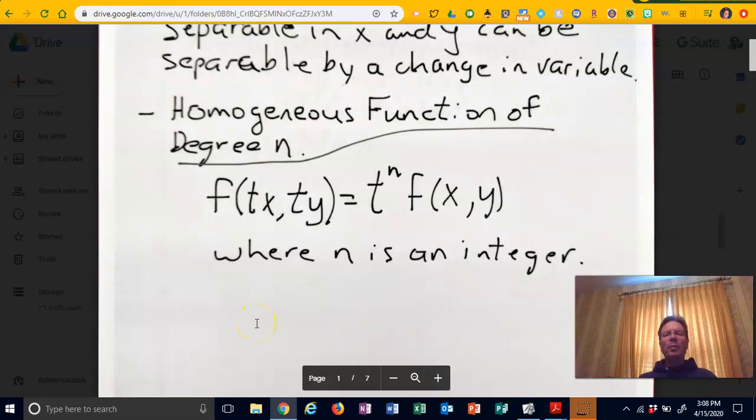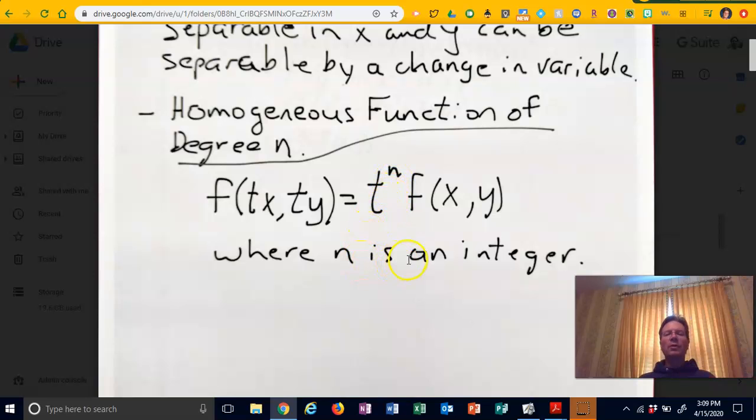And if you replace all the x's with tx and all the y's with ty, and in the process of doing that, if you're able to manipulate it to the point where you get t to the nth power, so it could be t to the first, t to the second, n's an integer, multiplied by the original function of x and y, then it is considered homogeneous of degree n.